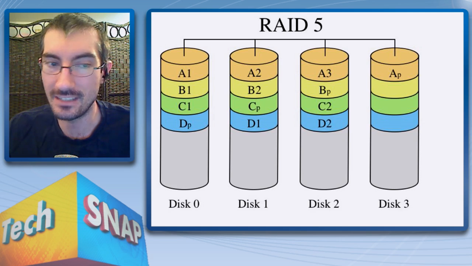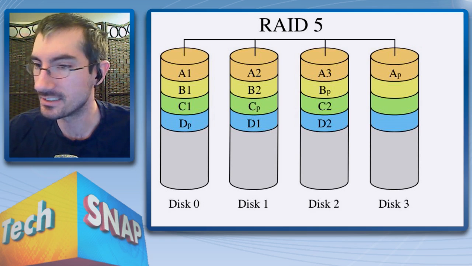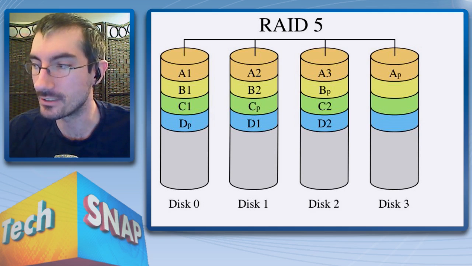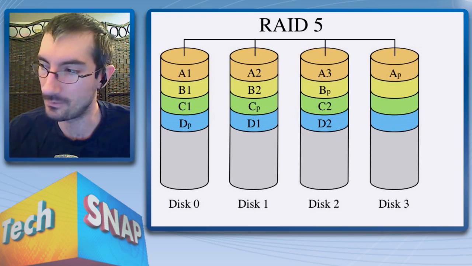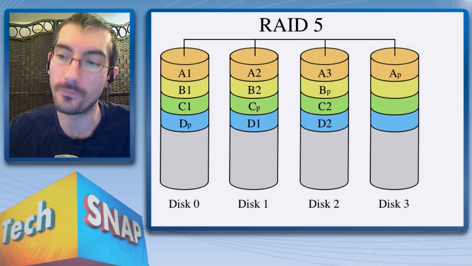So RAID 5 is typically used in servers where you need a large amount of storage and performance, but you need some fault tolerance as well. Mm-hmm. So you get the speed of striping and the fault tolerance of basically mirroring. Not quite as good as mirroring because you don't have a duplicate of every single drive, but you do have enough that if one drive dies, you're still going to be okay, as long as you replace that drive before another drive dies.